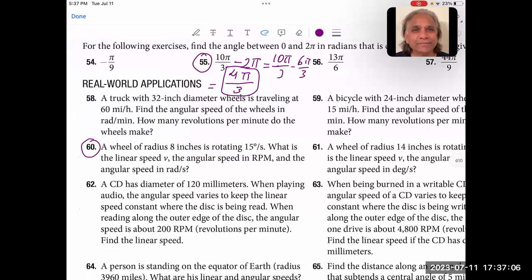What is the linear speed, the angular speed in RPM, and the angular speed in radians per second?